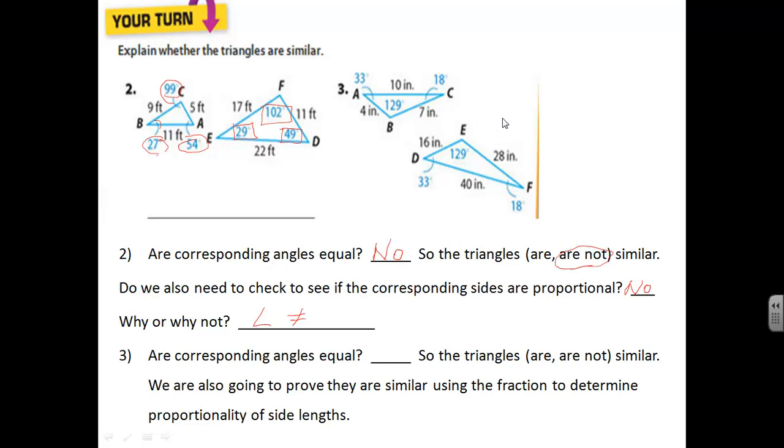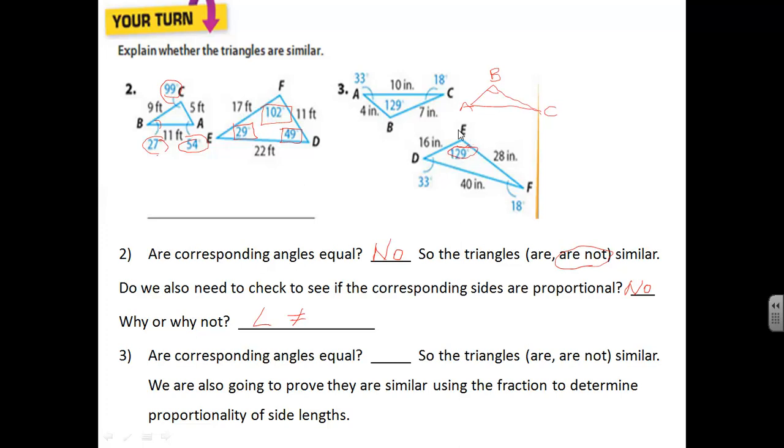When I'm doing one like this, I flip one of them over so that they're both going the same direction. So I would flip this smaller one over, and redraw it. Maybe yours is a little better than mine. And then this would be B, and this would be A, and this would be C. Okay, so angle B corresponds to angle E. And angle E is 129.